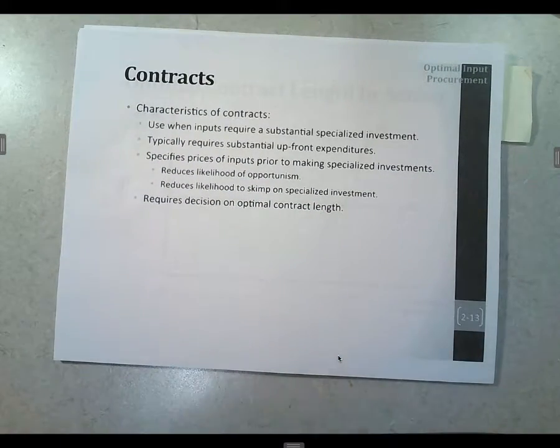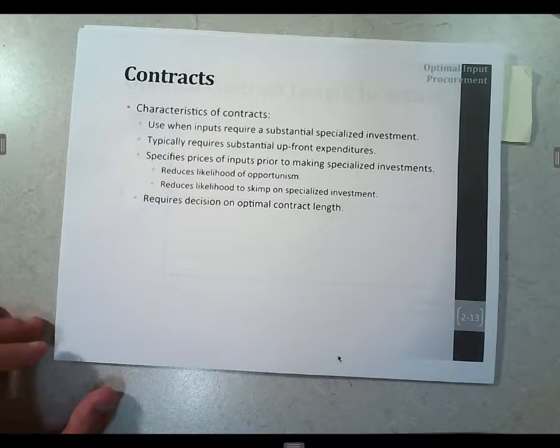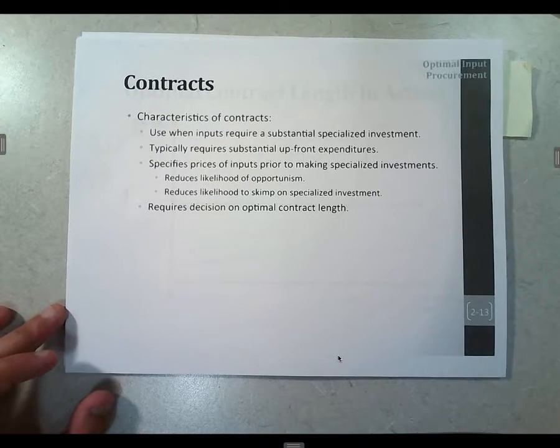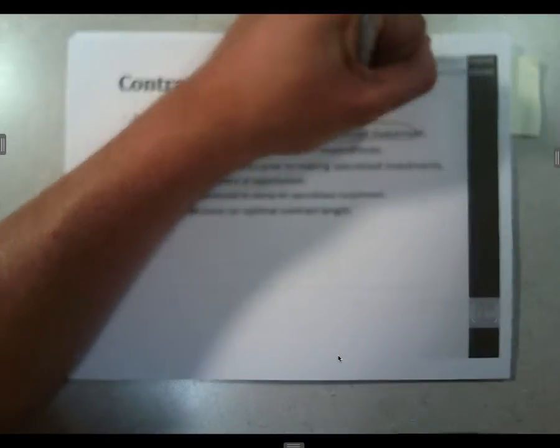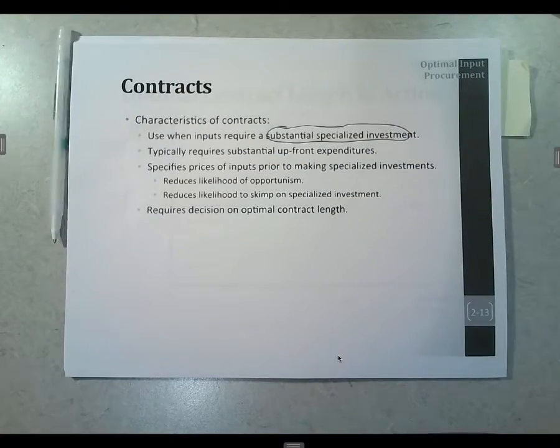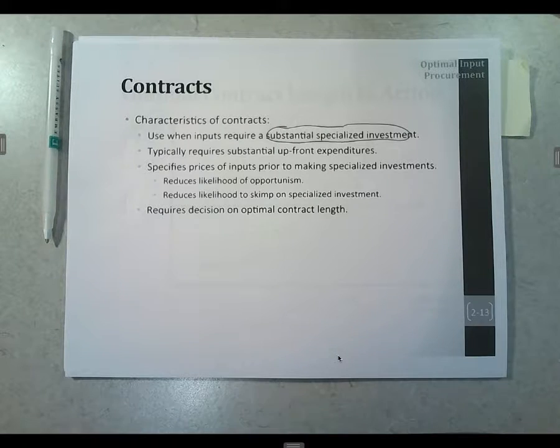For the contract, what we're seeing here is that we obviously have a great deal of specialized investment. Spending a lot of money hiring lawyers, doing my due diligence, doing background checks, right? You would have whole departments just involved in writing these contracts if it's a very big firm.